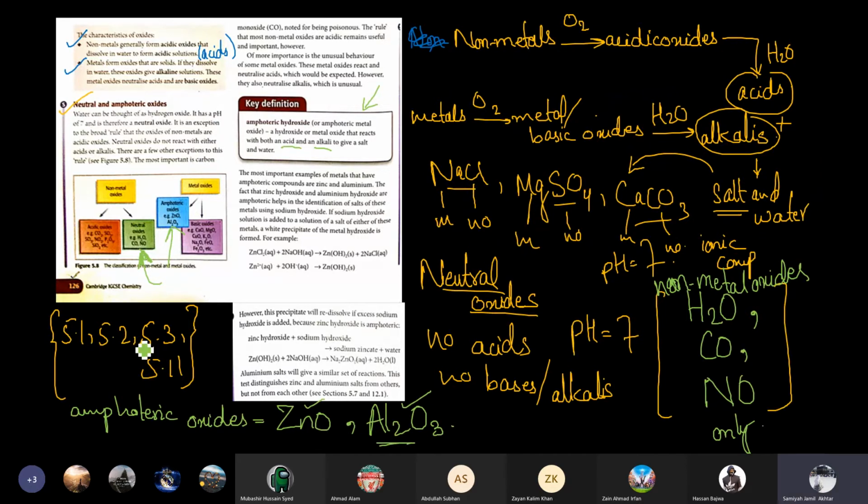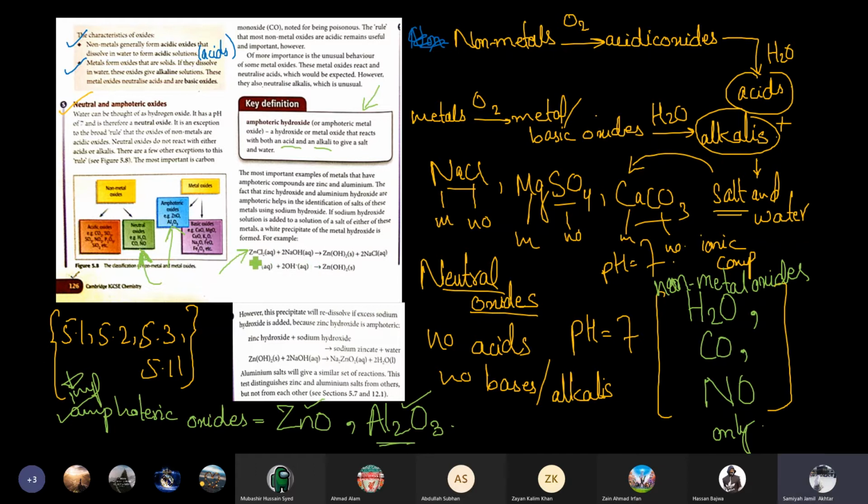This small chapter is coming. One of the most important things in it is amphoteric oxides and their reactions. First we'll discuss zinc oxide, and then aluminium oxide. The first equation in your book is about zinc chloride and sodium hydroxide.